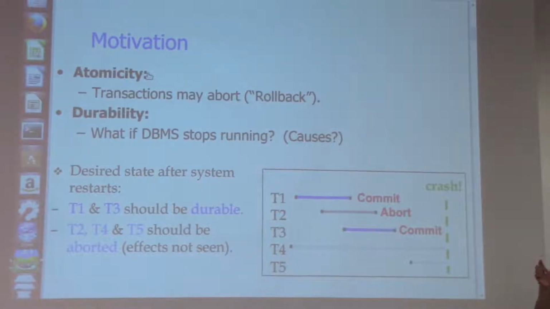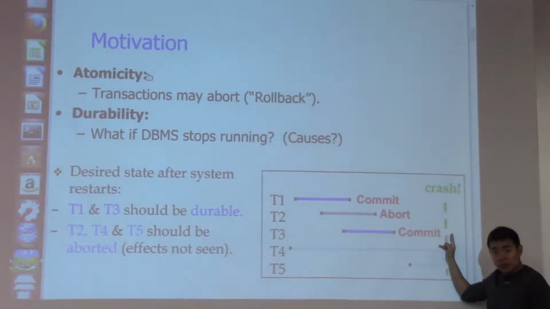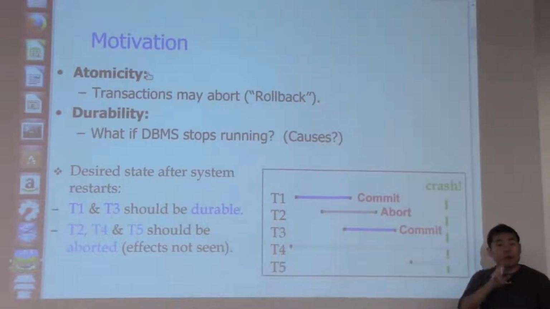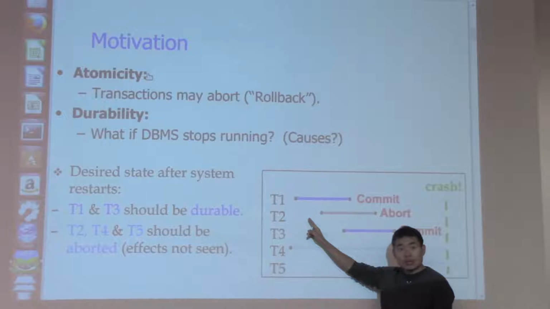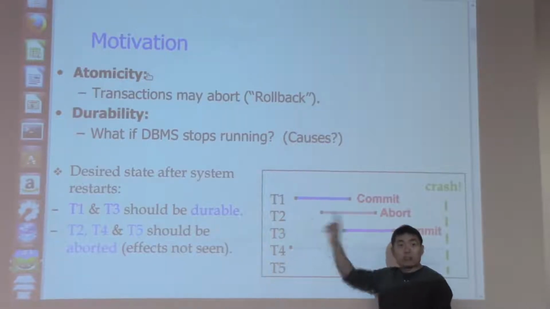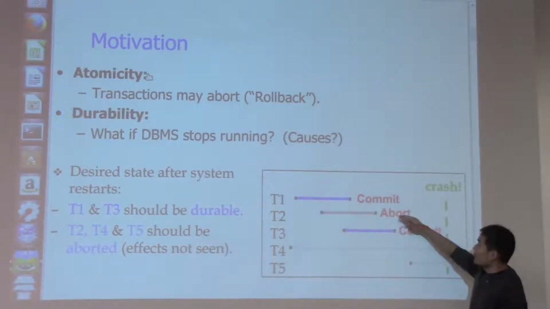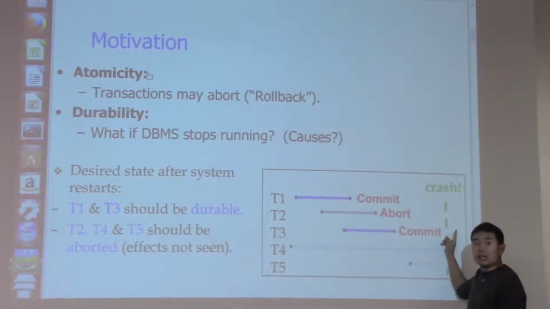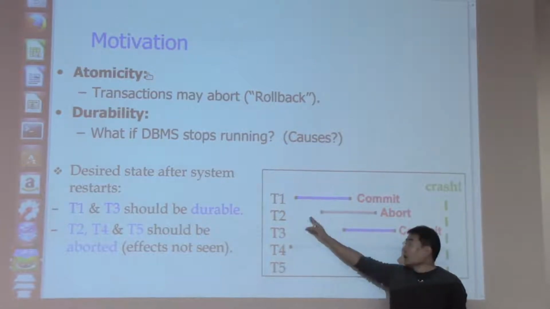The tricky thing here is, even though T2 has aborted before the system has crashed, there is no guarantee that it has finished the abort process. Maybe by the time the system crashed, T2 was still in the process of aborting, in other words, rolling back its actions.